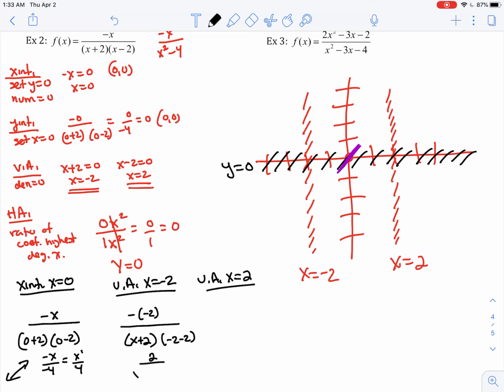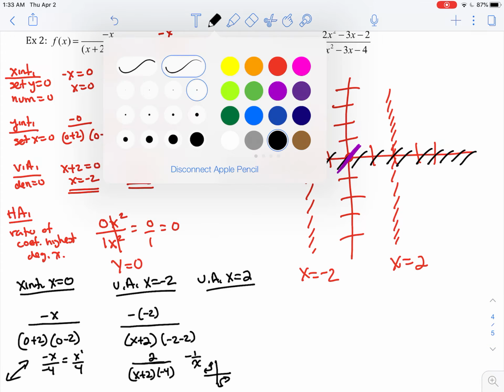So we're going to get a +2 in the numerator, this x plus 2 factor, and a -4 in the denominator, which is a negative coefficient there. So basically we're taking on the behavior of -1 over x. And if you recall, -1 over x, a reflected 1 over x, would look something along those lines.